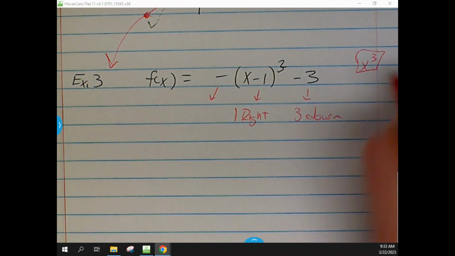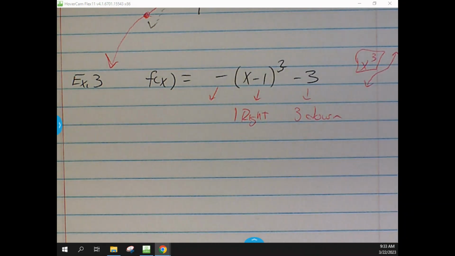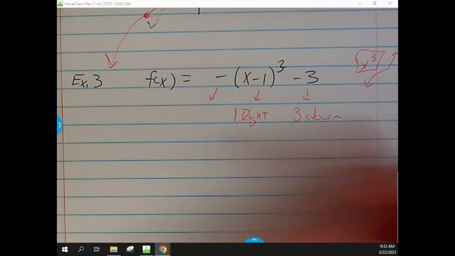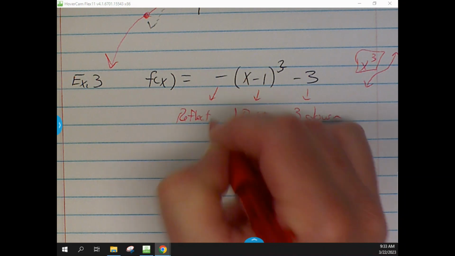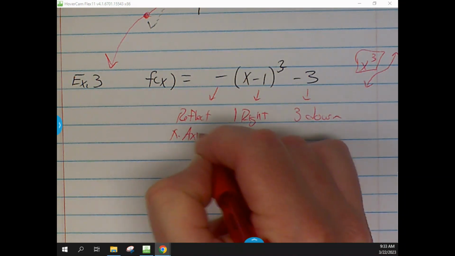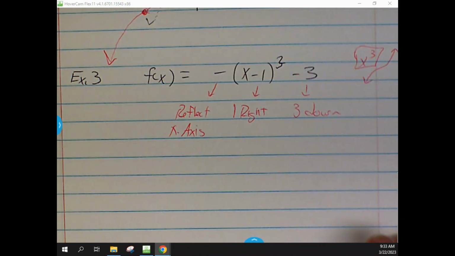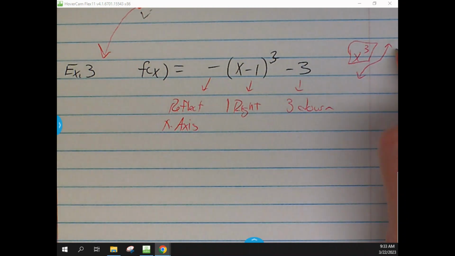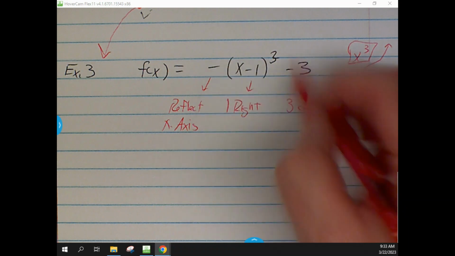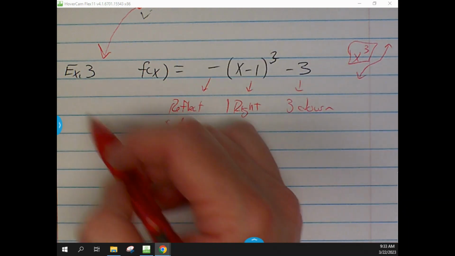So now normally with x to the third, the right side was up and the left side was down. But if you flip this thing upside down, that's a, let's see, what do we call it? It was a reflection in the x-axis, which means we're just going to flip the graph upside down. So now instead of the right side up and the left side down, it's going to be the opposite. Now the left side is going to be up and the right side is going to be down.